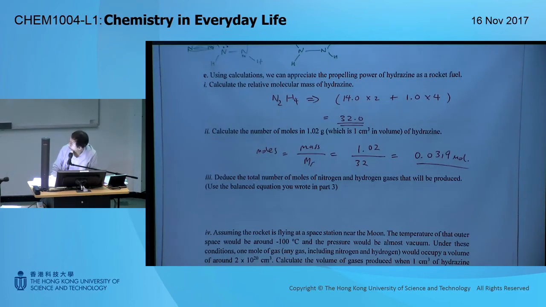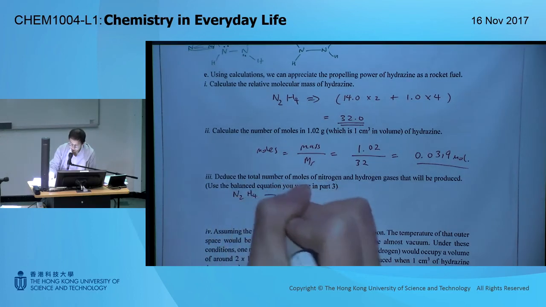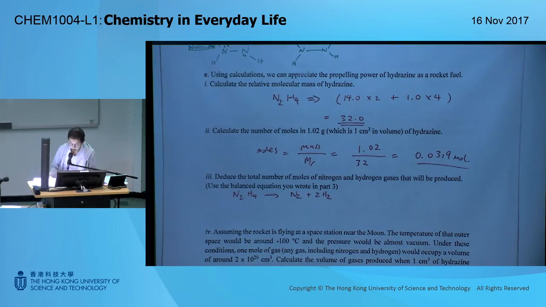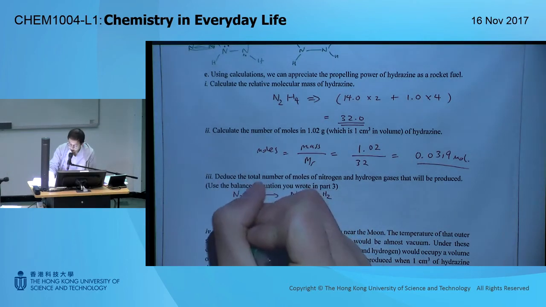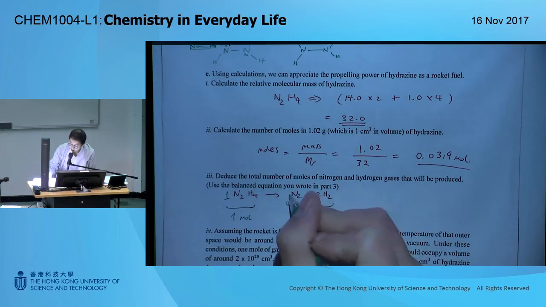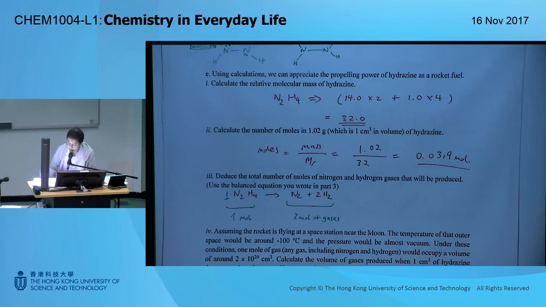That's easy up to this point. Then we have to deduce the total number of nitrogen and hydrogen gases that are produced when 1 cm cube of hydrazine decomposes. So remember, we had this equation which we wrote down. So you can see that for 1 mole of hydrazine, we will form together 3 moles of gases. There's a 1:3 ratio.